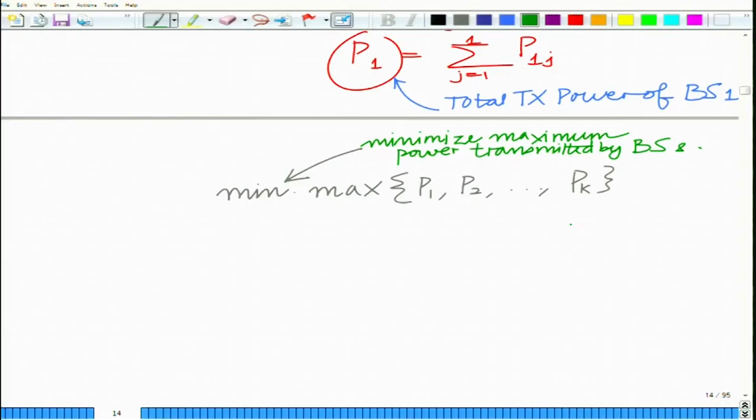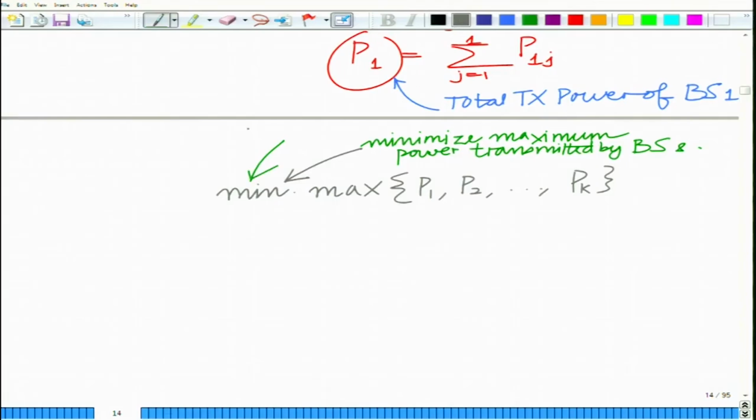All right, there might be different base stations which are levied more, or which have to transmit more power in comparison to others. But when you are minimizing the maximum transmit power, what this does is that this ensures a sort of fairness in the power burden. It sort of ensures that this power burden for the different users is rather fairly distributed on all the base stations.